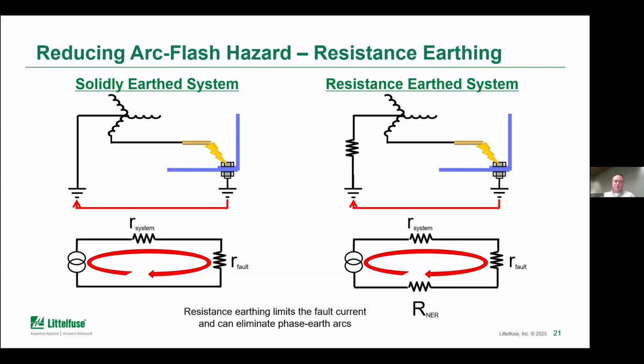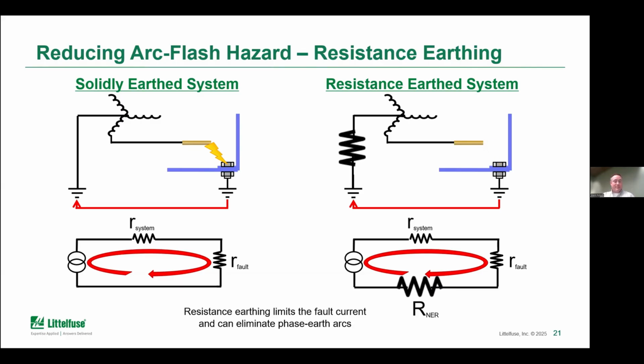What's common in these resistance earthed systems is you would have that limited to a quite low value, maybe 10 amps or maybe 5 amps. So you've virtually eliminated the chance of that earth fault becoming an arc flash because the current is so low that it's not able to sustain that.